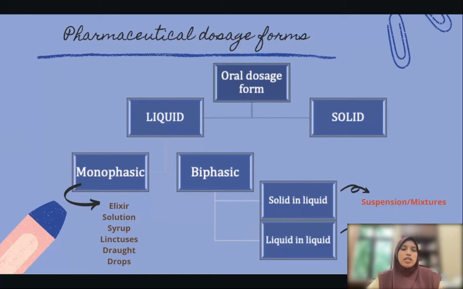Because there's solid and liquid, we say that there are two phases, or biphasic. And for liquid and liquid, as an example, the emulsion, we have oil as the liquid and water as the liquid. Both are mixed and transformed into an emulsion, but there are still two different phases actually in the product. So the product is biphasic, but it is liquid in liquid.